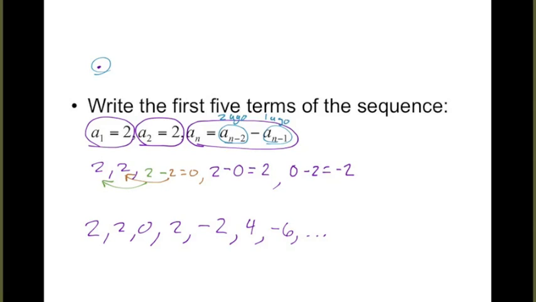We take 2 ago and minus the 1 ago. And sometimes it's easier to see if you don't worry so much about the notation of the a subs, but just kind of write them in a list. And remember that our n minus 2 means 2 ago, and n minus 1 means the last one in the list. Okay. Questions on creating the sequences from the rules?